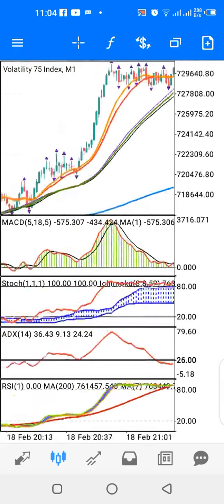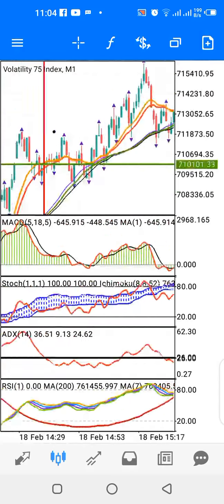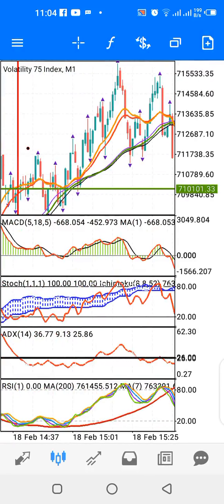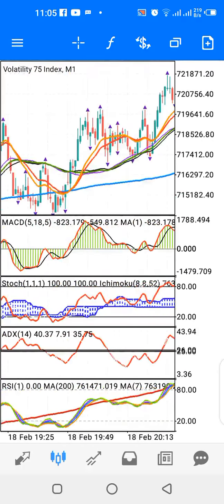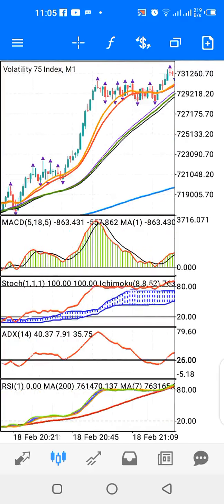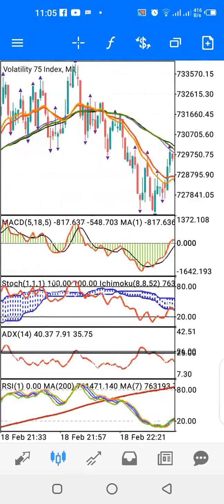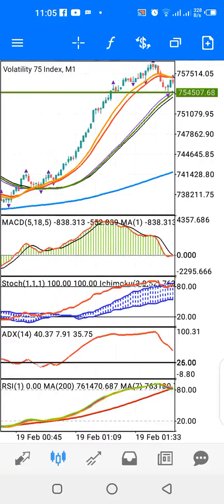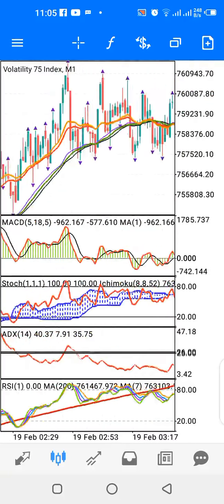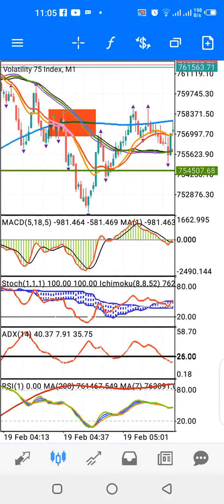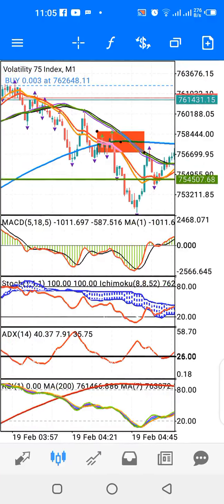Okay, we have from, trying to calculate the amount of points, from 710101 up to 754, like 40,000 points.